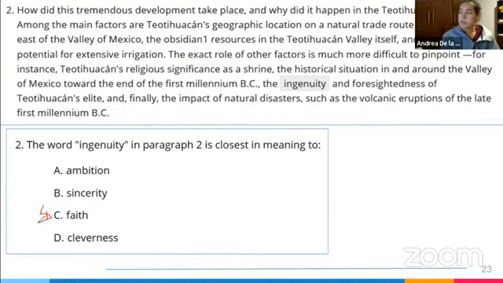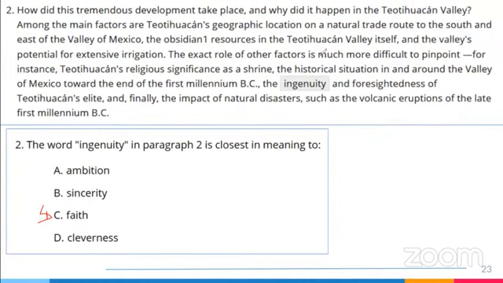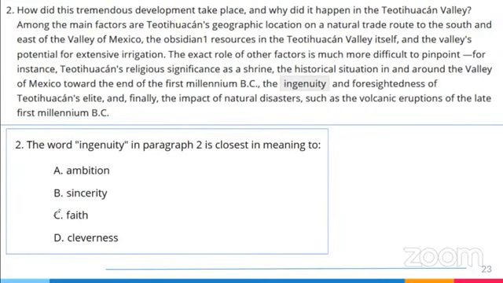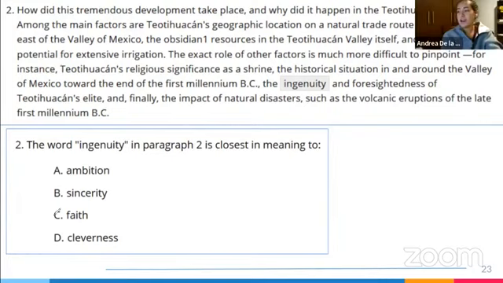How sure are you of your answers? So I don't know who said faith. I did. Okay, Nicolas. On a scale of 1 to 10, how sure are you that faith is a synonym of ingenuity? 7. 7, okay. Who said sincerity?